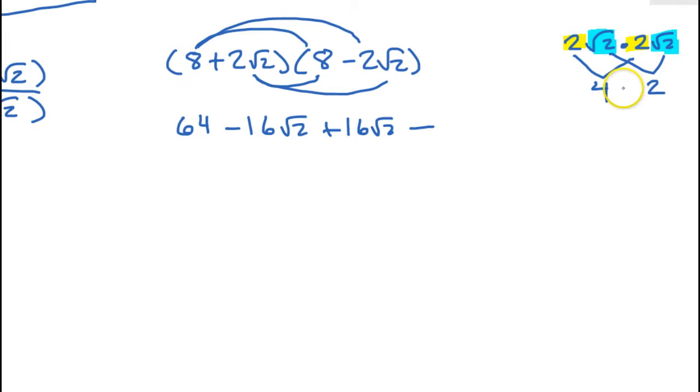Now, what do I do with these numbers? I multiply them both together, and that's going to give me 8. So 2 radical 2 times 2 radical 2 is going to be 8. All right, so that's why I'm going to have minus 8 right here. As always, these numbers will cancel each other out, and that's going to leave me with 64 minus 8, which is 56.